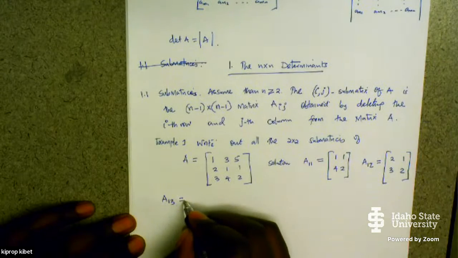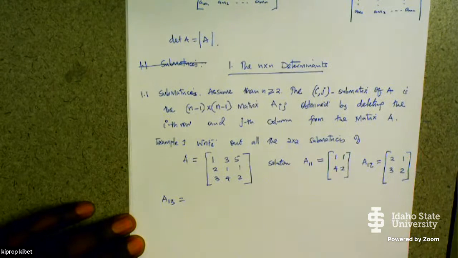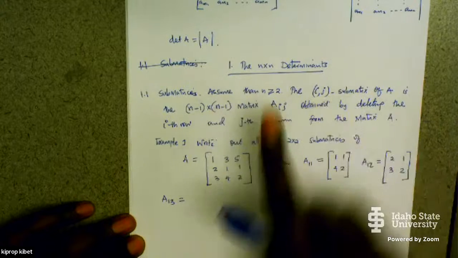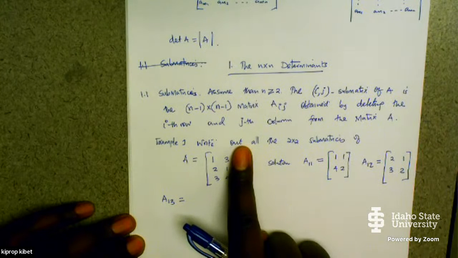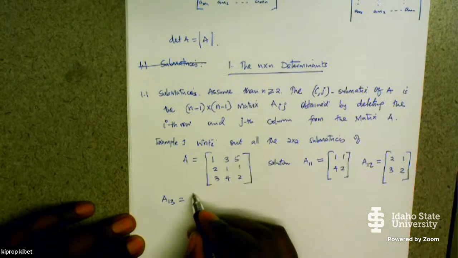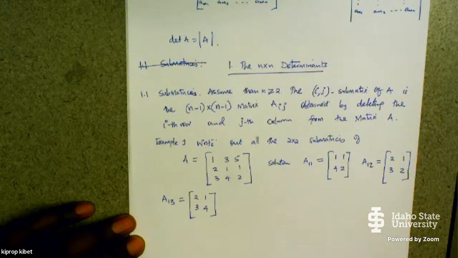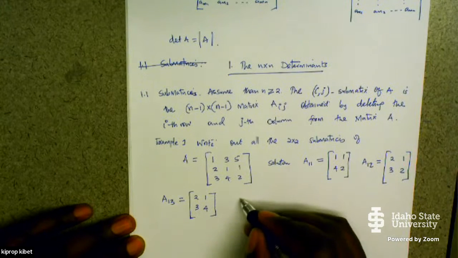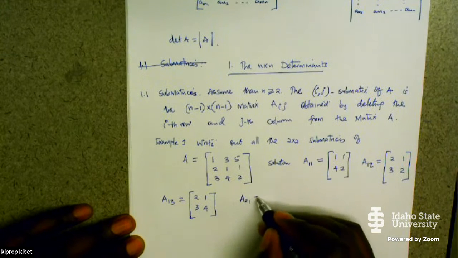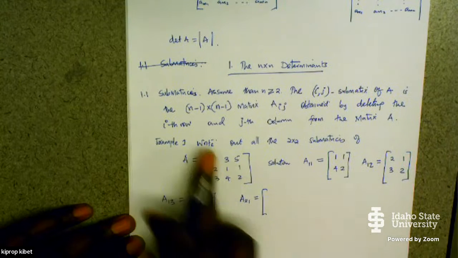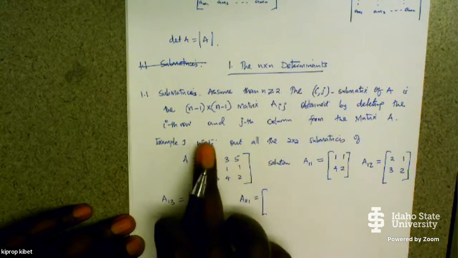A13, we delete the first row and the third column, so we get 2, 1, 3, 4. Then we go to the second row. A21, we delete the second row and the first column.